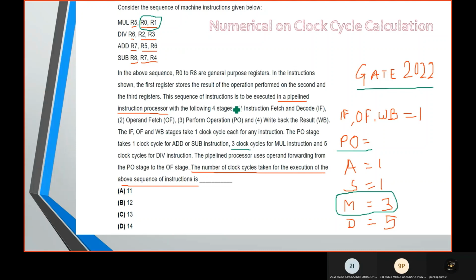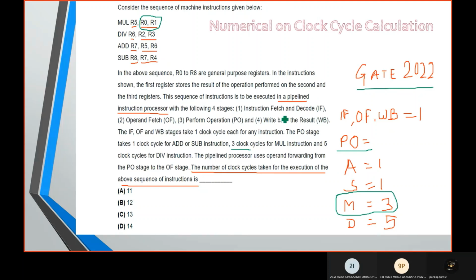Now this sequence of instructions is to be executed in a pipelined instruction processor with the following 4 stages. To execute an instruction, we need a limited number of stages. The very first stage is instruction fetch and decode, IF. Then operand fetch.